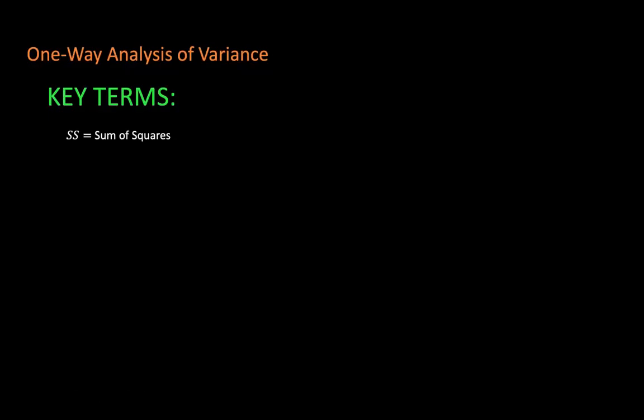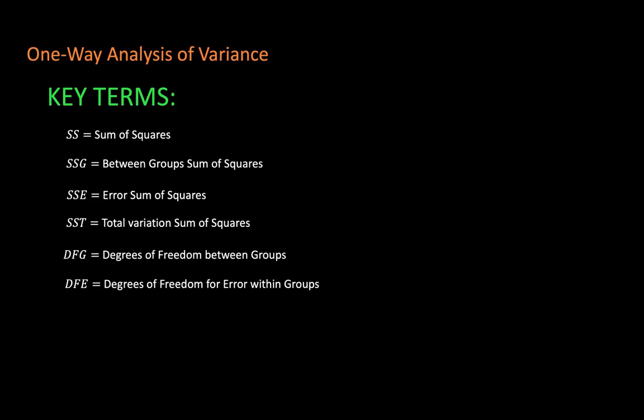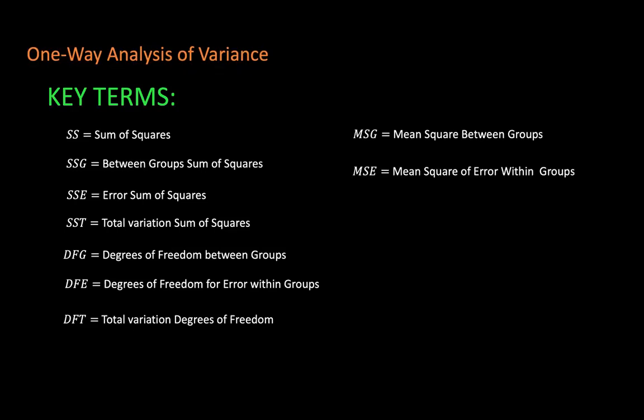Some key terms: SS, sum of squares; SSG, between group sum of squares; SSE, error sum of squares; SST, total variation sum of squares; DFG, degrees of freedom between groups; DFE, degrees of freedom for error within groups; DFT, total variation degrees of freedom; MSG, mean square between groups; MSE, mean square of error within groups; MST, mean square of total variation.